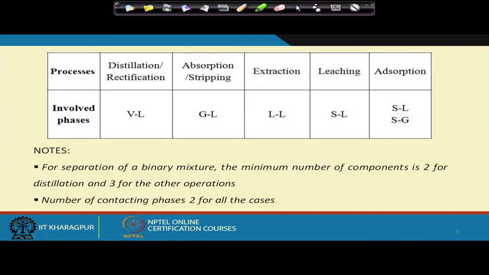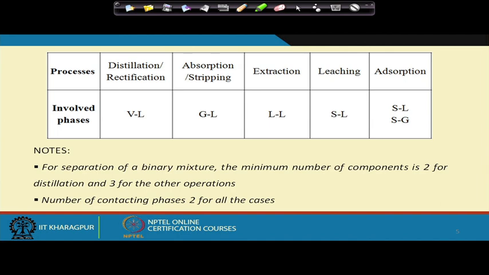Now, in all these mass transfer operations, we find that for separation of a binary mixture, for distillation the minimum number of components is 2, and for all other operations it is 3, and for all operations the number of contacting phases is 2. What are these two phases?